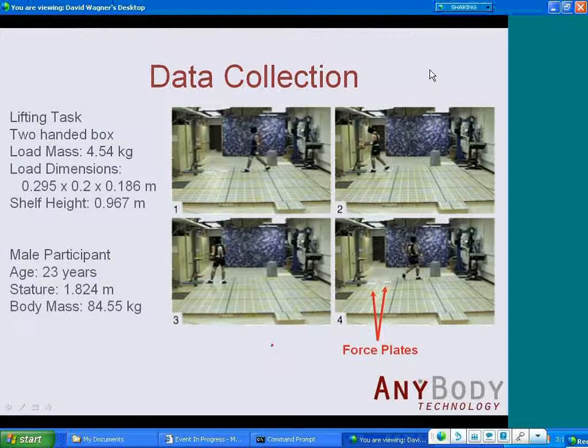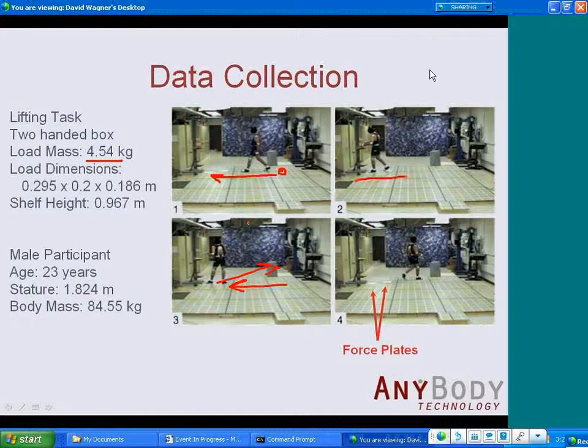The task that I selected to analyze happens to be a two-handed lifting task where an individual starts at a position over here, approaches a two-handed load which weighs 4.54 kilograms, lifts the load however they wanted, so the self-selected posture, turns around to a 135 degree angle and deposits the load a few steps away.